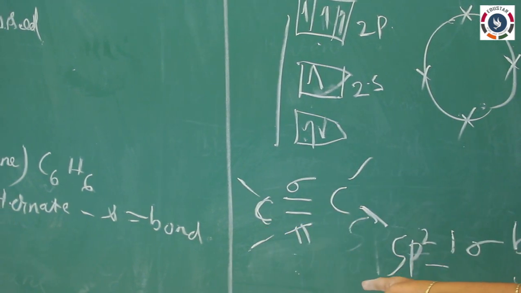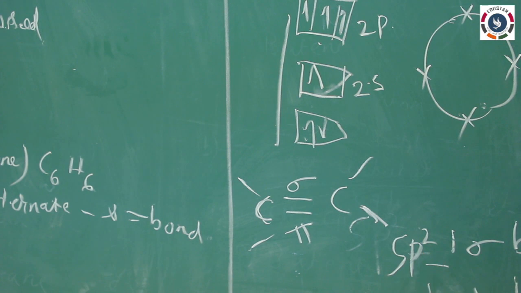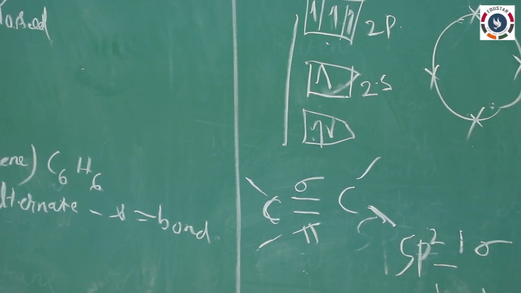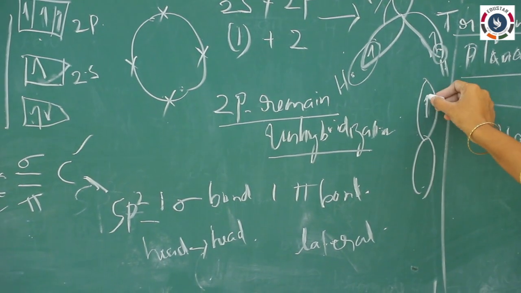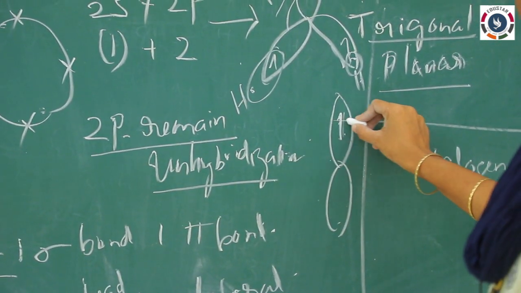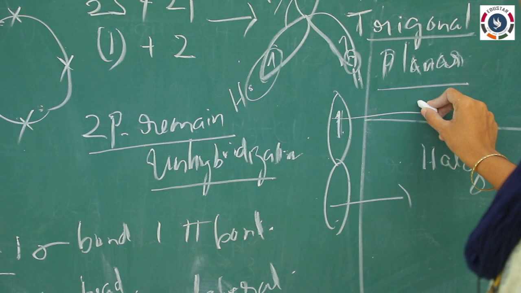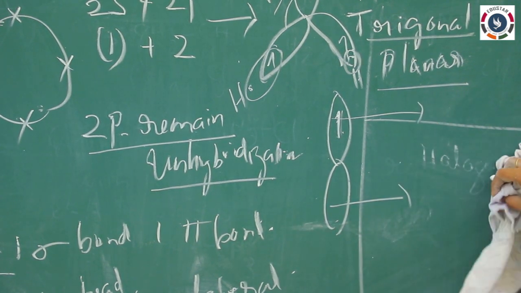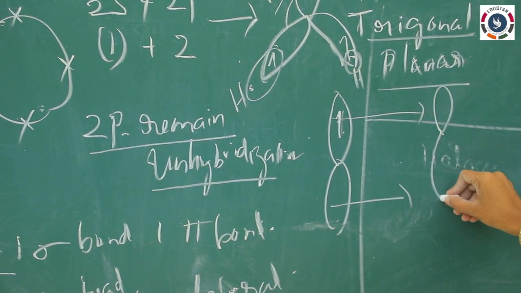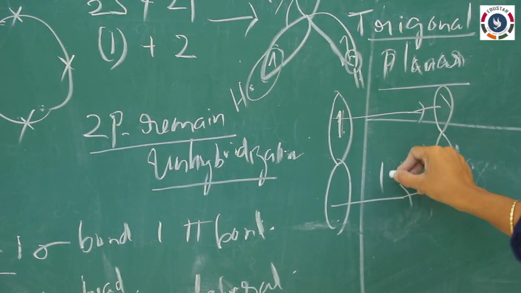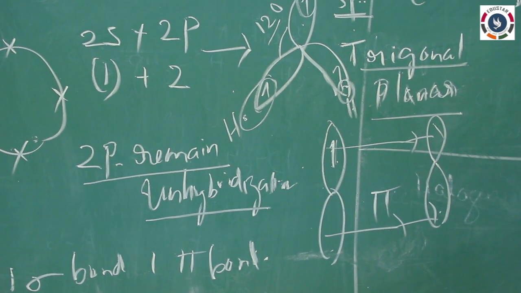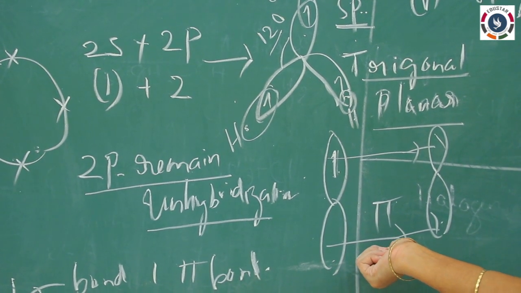Remember, these 2 carbon atoms have equal energy. So, this unhybridized orbital of one carbon atom will laterally overlap with the unhybridized orbital of the other carbon atom, like this. This will result in the pi bond.